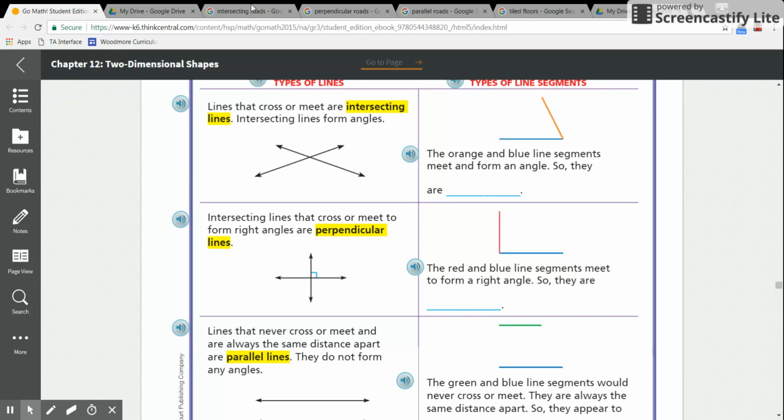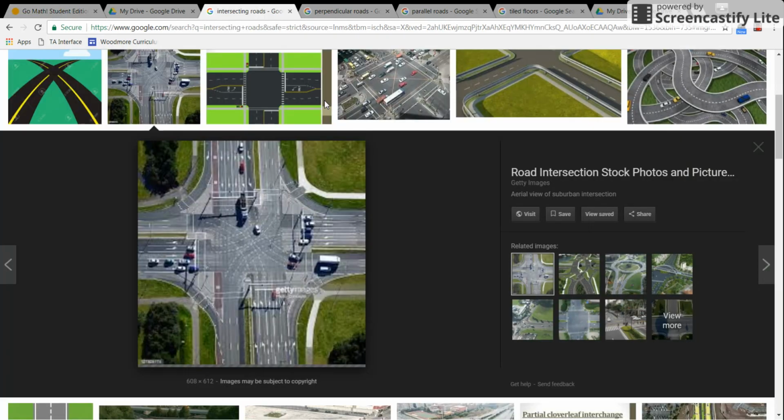Now if I pull up some pictures here, we see intersecting roads all over the place. Here is a very, very busy highway where these 2 roads are intersecting with these 2 roads. If there weren't stoplights and stop signs, the cars would constantly be crashing into each other.